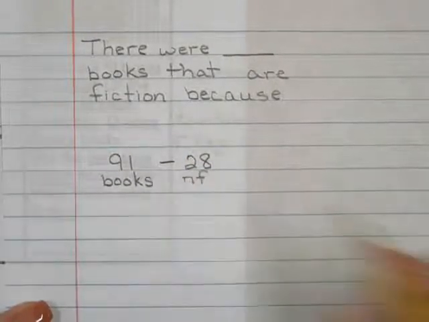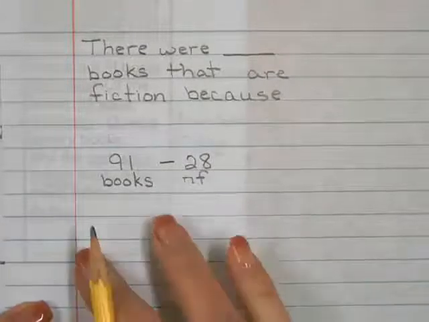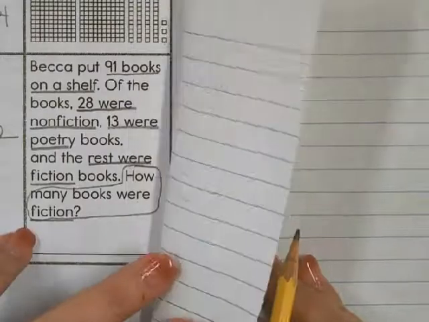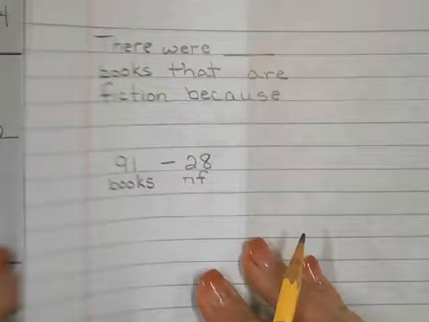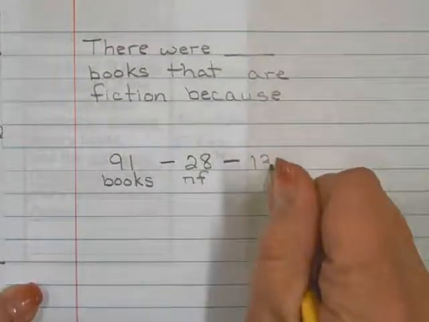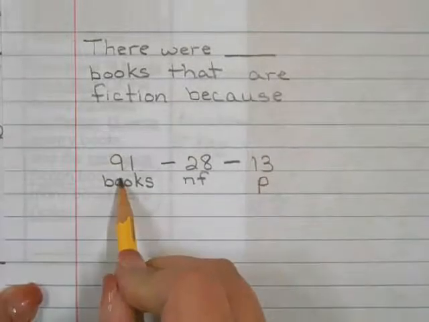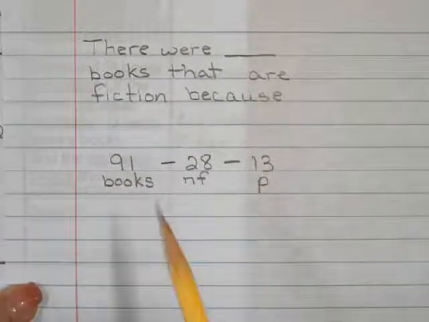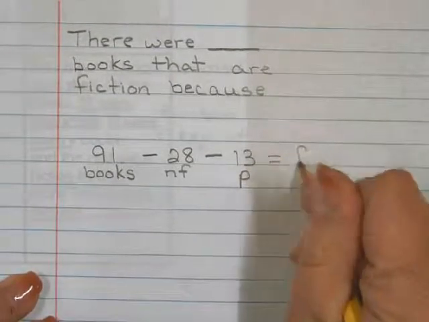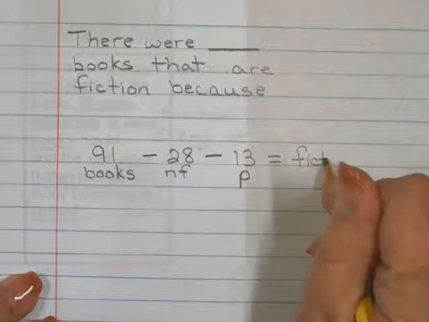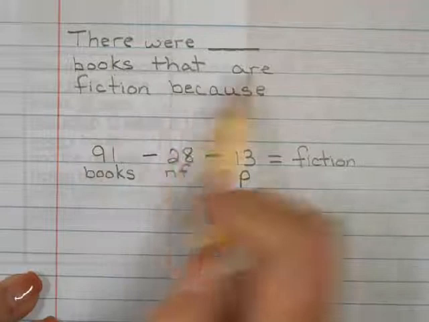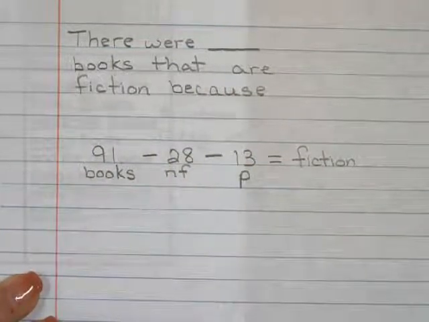I'm going to put an NF here for nonfiction. And some of those books are poetry. If I recall my information, 13 were poetry. So I'm going to subtract the 13 poetry books from the total because I know that I'm going to need what's left, the rest of the books, and those are the fiction books. That's what we're looking for. That's what our question's asking. There were blank books that are fiction.